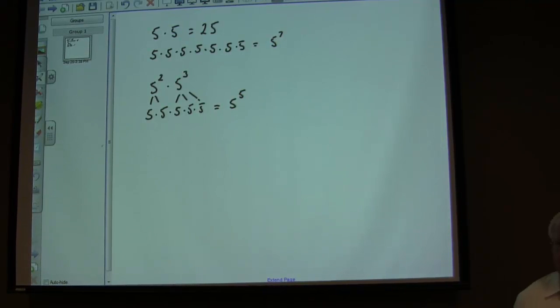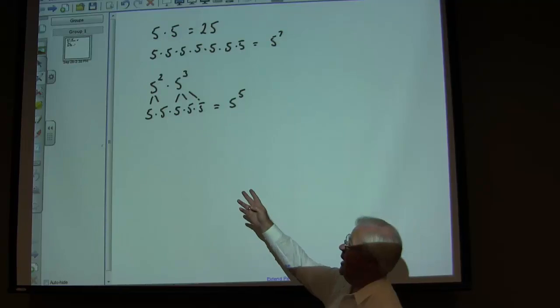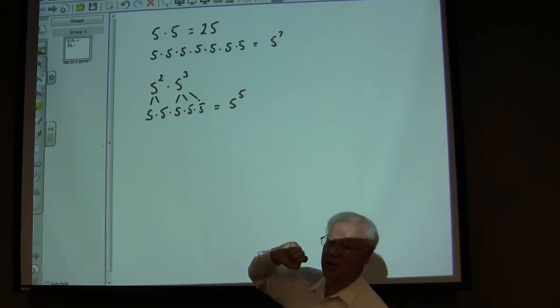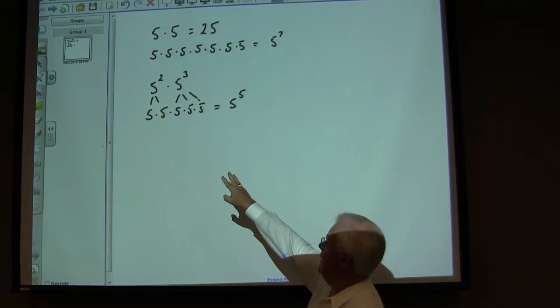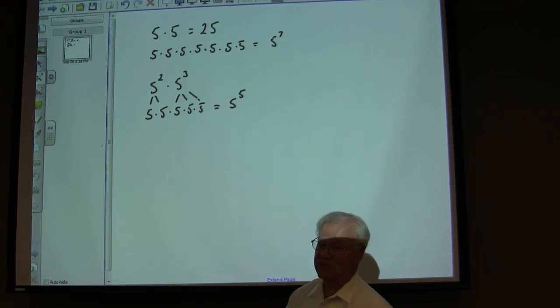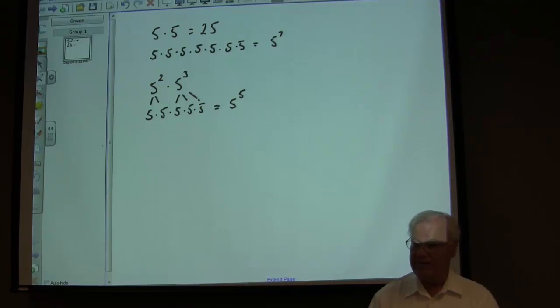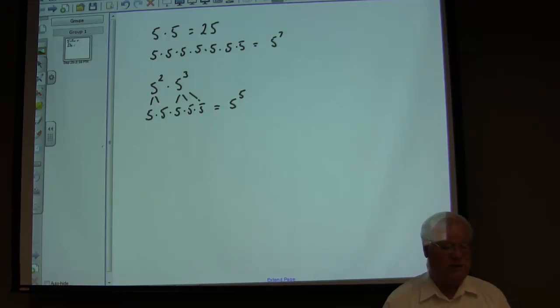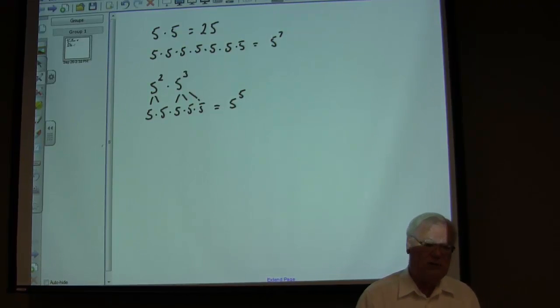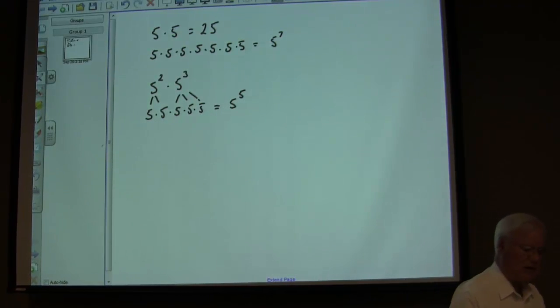Well, what we do then is we just add how many times we're multiplying 5 together. We multiply it together 2 plus 3 times, which is 5 times. So when you are multiplying the same number with two different exponents, you add the exponents because that's how many times you're multiplying something by itself.